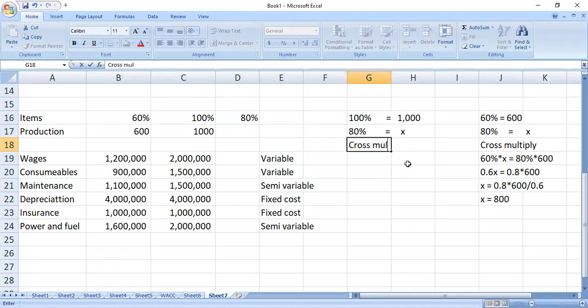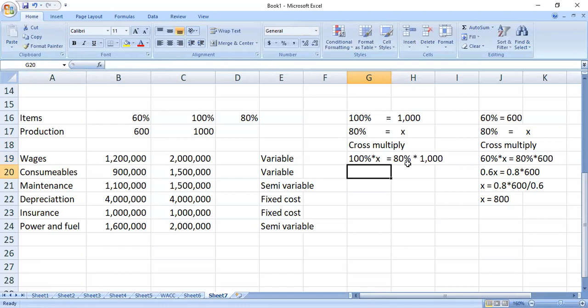In cross multiplying, it's going to be 100% times X, that's the equal sign, then 80% times 1000. I hope we are together on this first step.